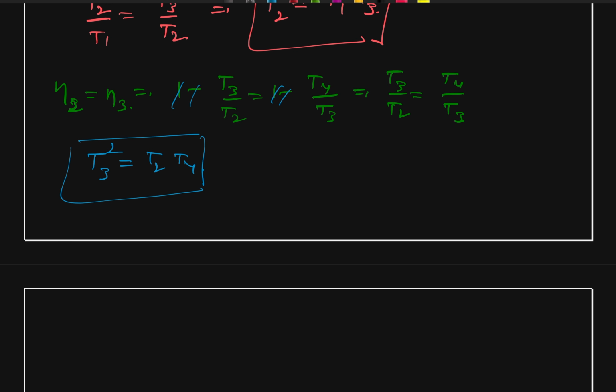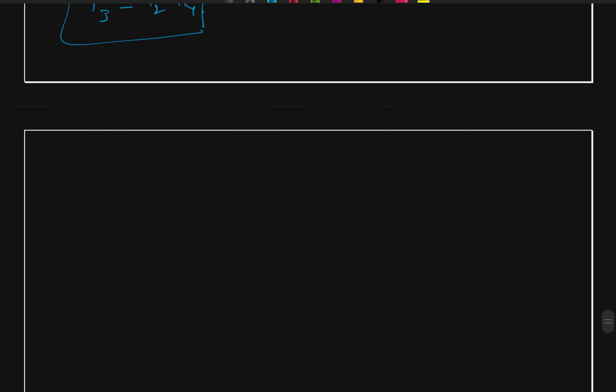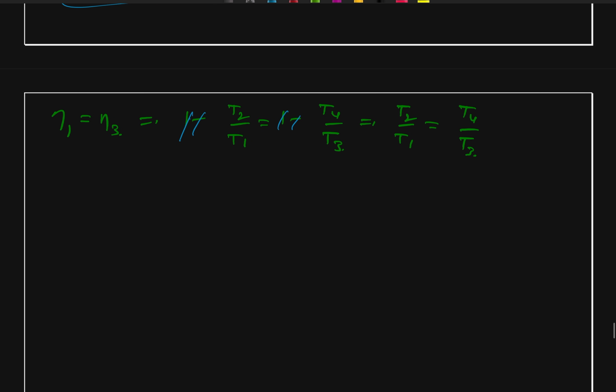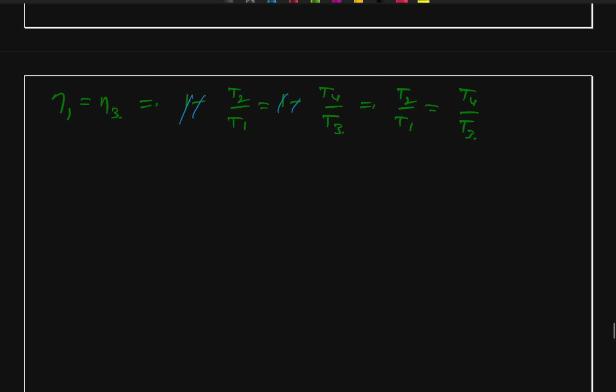Finally we equate nu1 and nu3. Nu1 is equal to nu3, which gives us 1 minus T2 upon T1 is equal to 1 minus T4 upon T3. So this gives us T2 upon T1 is equal to T4 upon T3. Now let us substitute the values which we found out.